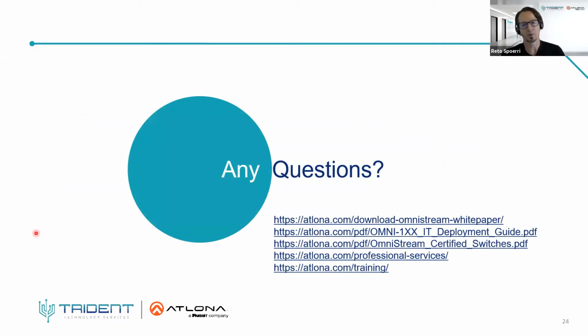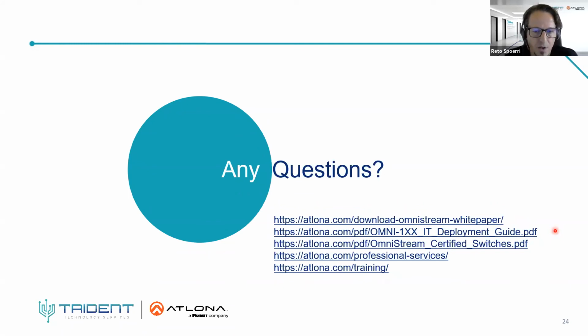And I mentioned a couple documents. Here you'll find the link. So we do have an OmniStream white paper that explains the functionality, the bit rates, the protocols. You can download that for free. We have the deployment guide, which talks about network requirements and also IGMP querier settings.